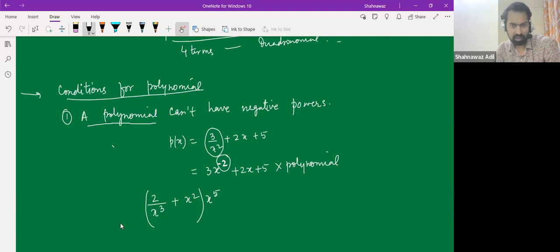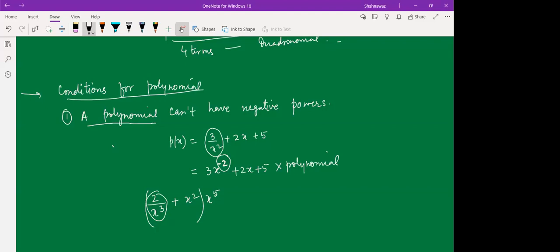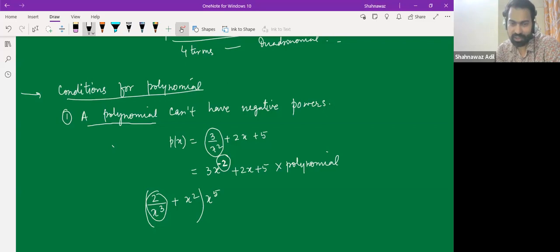What can you say about this term? Sir, it is not a polynomial. It is not a polynomial, right? Your answer was correct, but you have to tell me how this is not a polynomial.